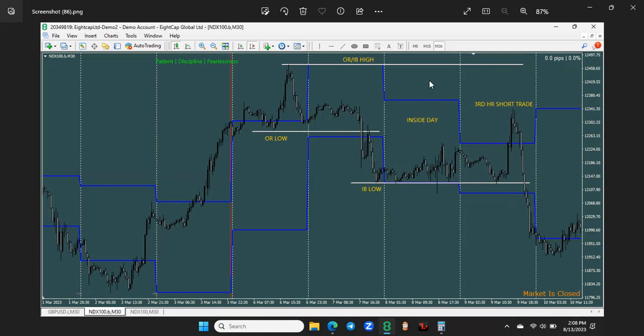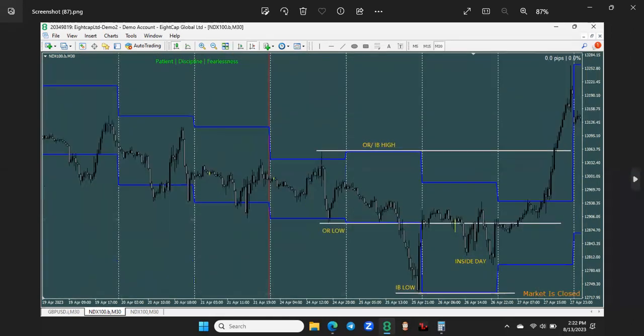So we did not hit the extremes where we took out the initial balance high or the initial balance low, but we did get a signal day on Wednesday, which gave us a long trade at the beginning of the New York session, and then gives us a third-hour short trade during the New York session as well.